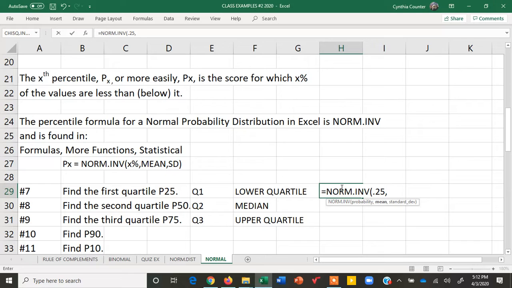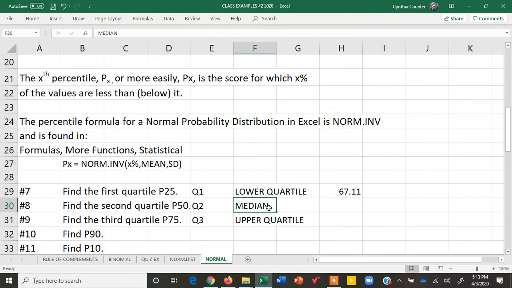And then we have to tell it the mean and the standard deviation for the distribution we are working with, and it will give us a score. So it's an inverse function because we're giving it a probability and finding a score, rather than the NORM.DIST function where we would give it a score and then find the probability. So here we see that 67.11 inches is the height for which 25% of men's heights are below it.